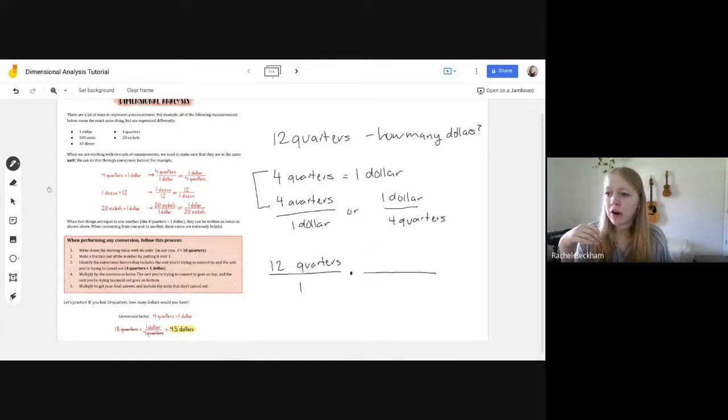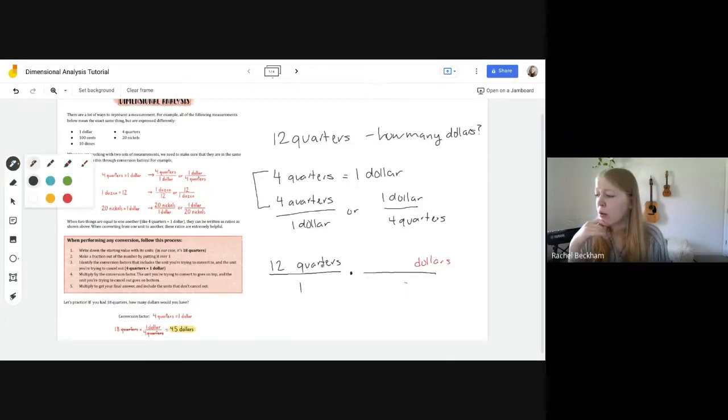So what unit are we trying to get to? Well, we're trying to get to dollars, right? And you're going to put the unit that you want to cancel out on bottom. Well, we don't want quarters anymore. So I want quarters to be on bottom, right? So you put the unit you want to get to on top and the unit you want to cancel out on bottom, and then we can input the relationship.